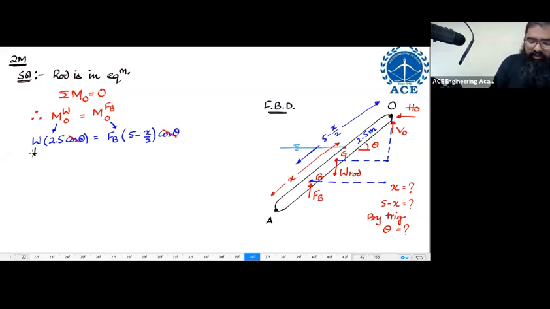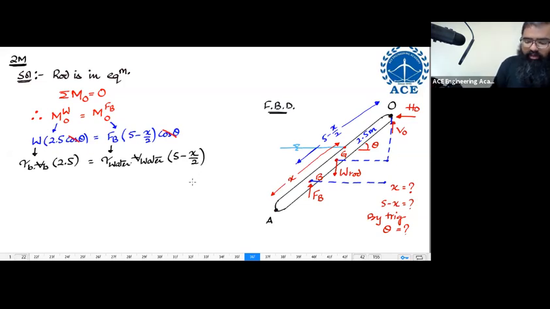Now, what is W equal to? W is equal to gamma of body into volume of body, multiplied by 2.5, and this has to be equal to FB, which is gamma of water multiplied by volume of water displaced, multiplied by 5 minus x by 2.